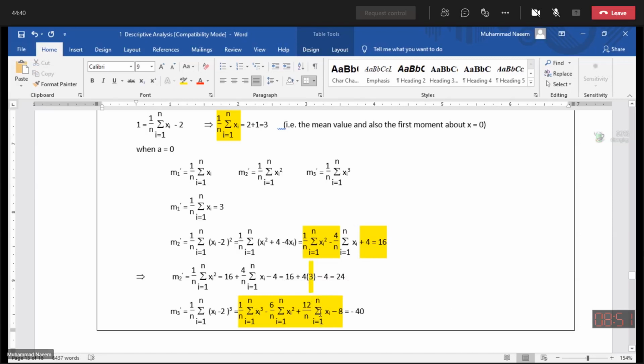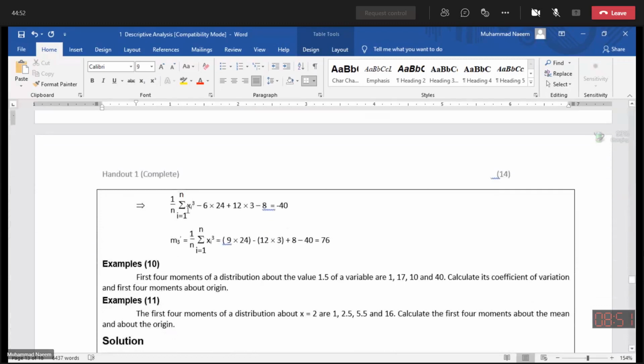All these values except the first term, which becomes the third moment about origin. Shifting all the rest of the terms to the right hand side and simplifying, we get the result.